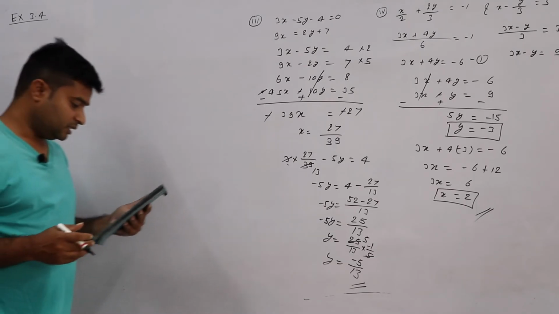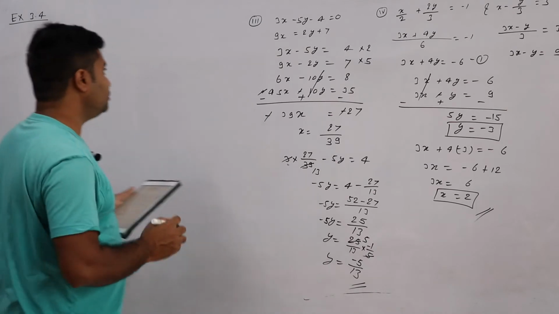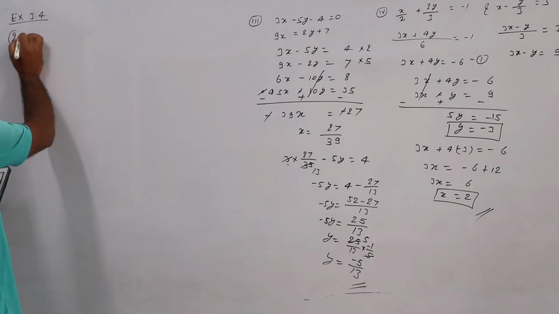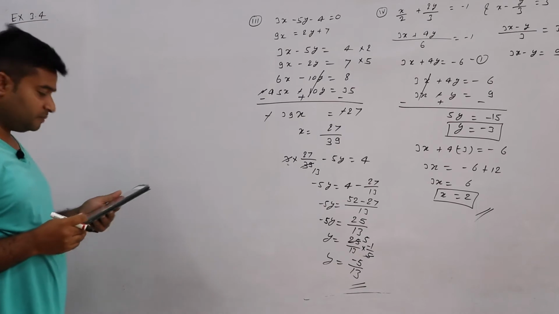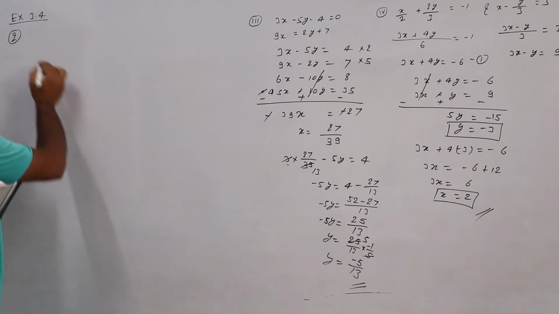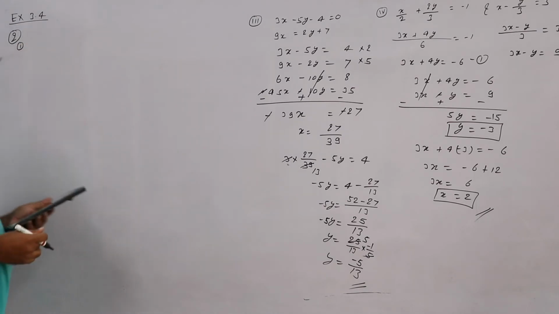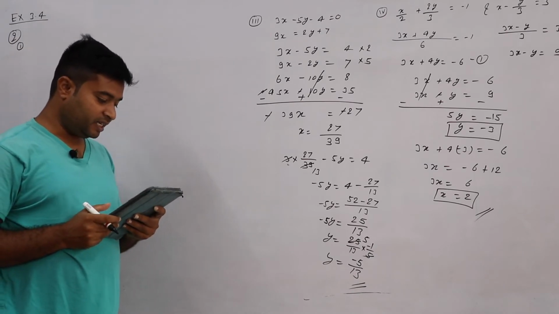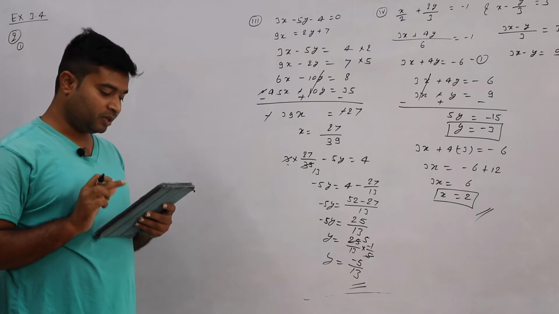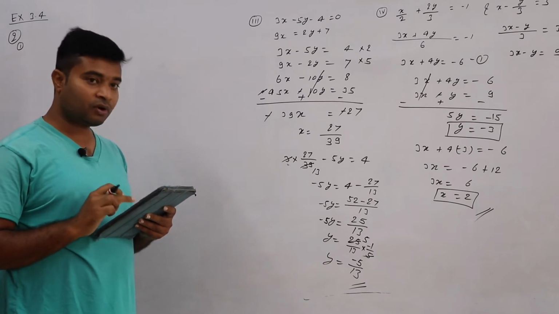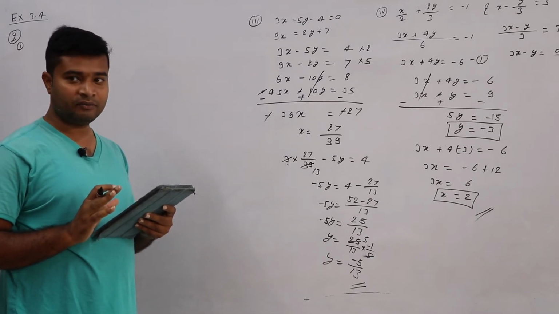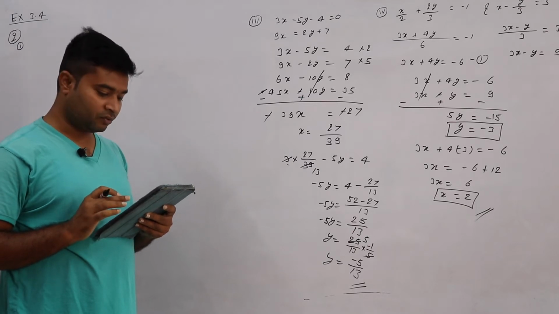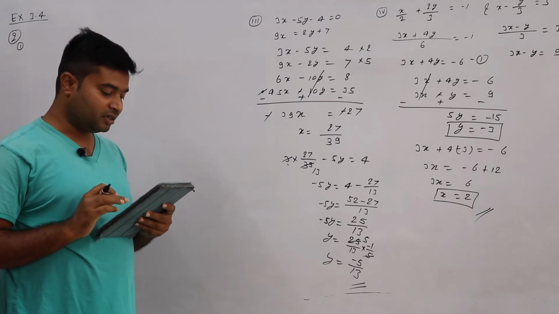See next. Next question number 2. Exercise 3.4. Question number 1 saying, if we add 1 to the numerator and subtract 1 from the denominator, a fraction reduced to 1.